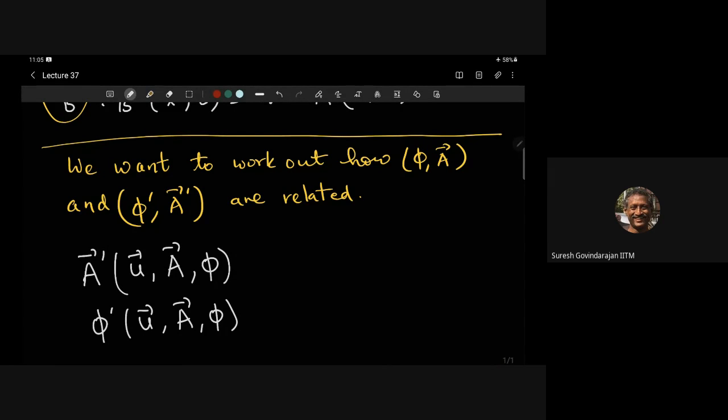Phi is a scalar, and what kind of vector is A? Is it polar or axial? That's all I'm asking.